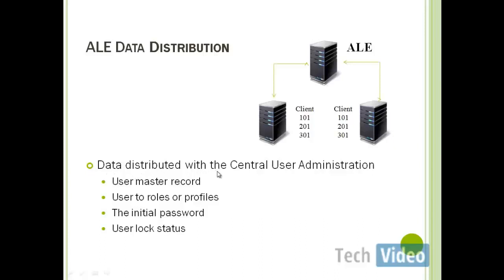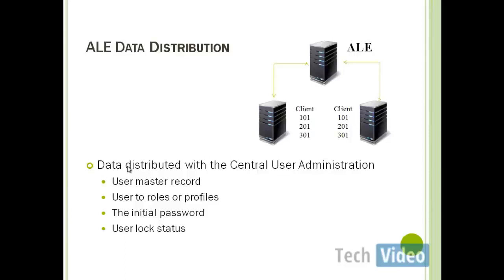Using ALE or CUA, these are all the data we can distribute using central user administration. First one is user master data, such as address, logon data, user defaults, user parameters. These are all we can distribute using central user administration. Second one is the assignment of the user roles or profiles in each child system.